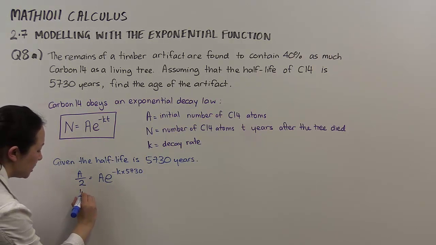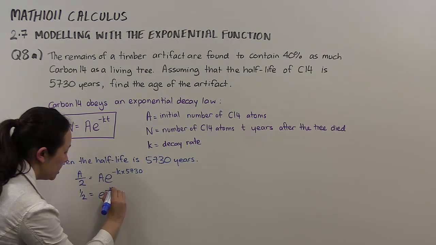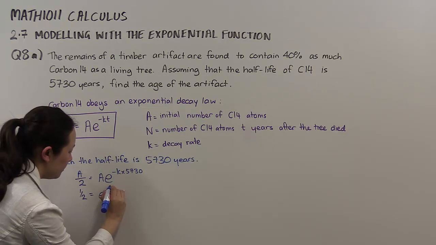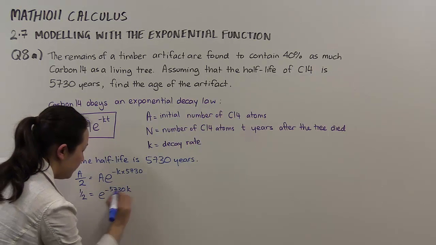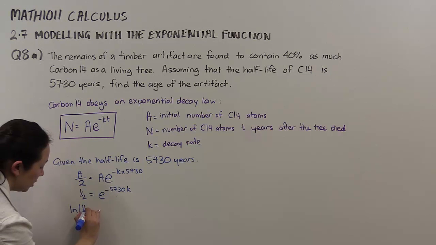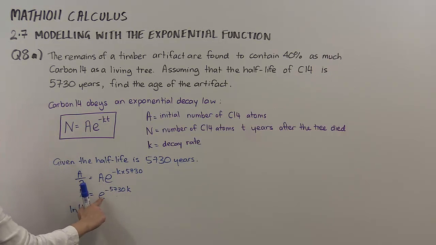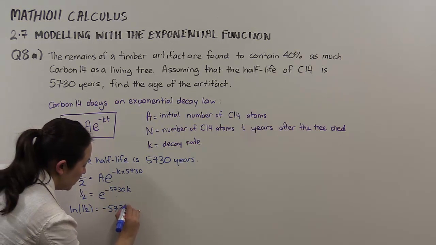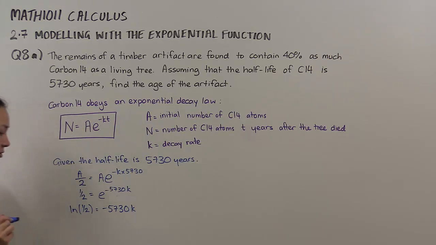So this tells us that a half is e to the minus 5,730k, and if I take logarithms of both sides, that tells us that the logarithm of a half, the logarithm of e to the power of minus 5,730k is minus 5,730k.